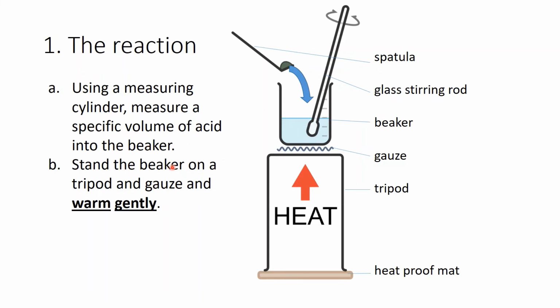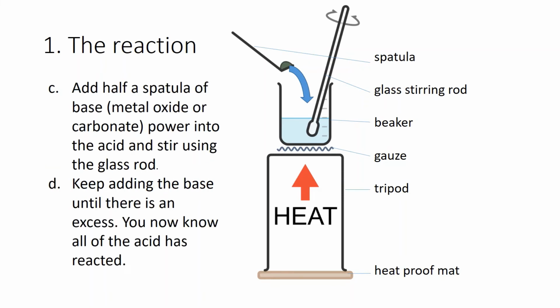You then warm it gently using a Bunsen on a tripod and add the base, stirring constantly until all of the base is dissolved. So you've added your spatula of base, either a metal oxide or a carbonate, into the acid, and you've stirred using this glass stirring rod.